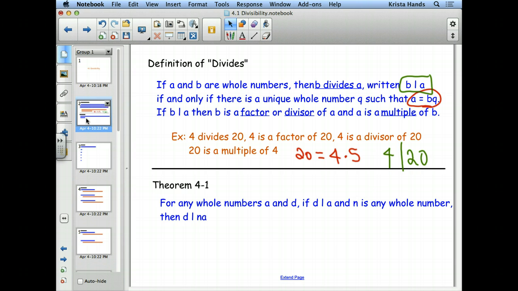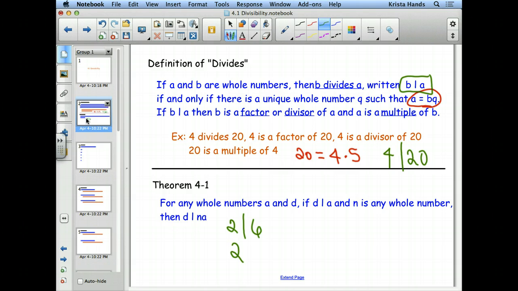All right, Theorem 4.1 says that if you have any whole numbers, A and D, where D is a divisor of A, and N is any other whole number, then D is a divisor of NA. Now, you guys actually know this, and let me give you an example. We'll use a real easy even-odd kind of example. So if 2 is a divisor of something, tell me something that 2 divides. 6. Actually, that's what I was thinking. 2 divides 6. So if 2 divides 6, then it means that 2 divides any multiple of 6.